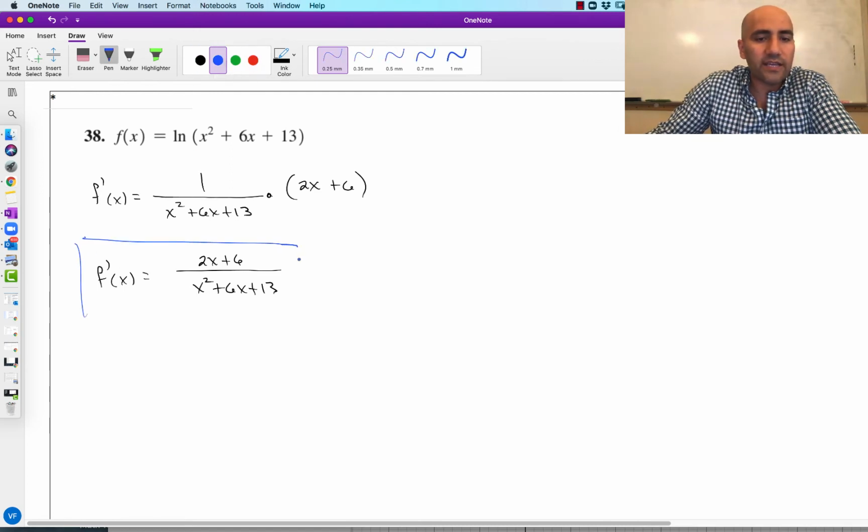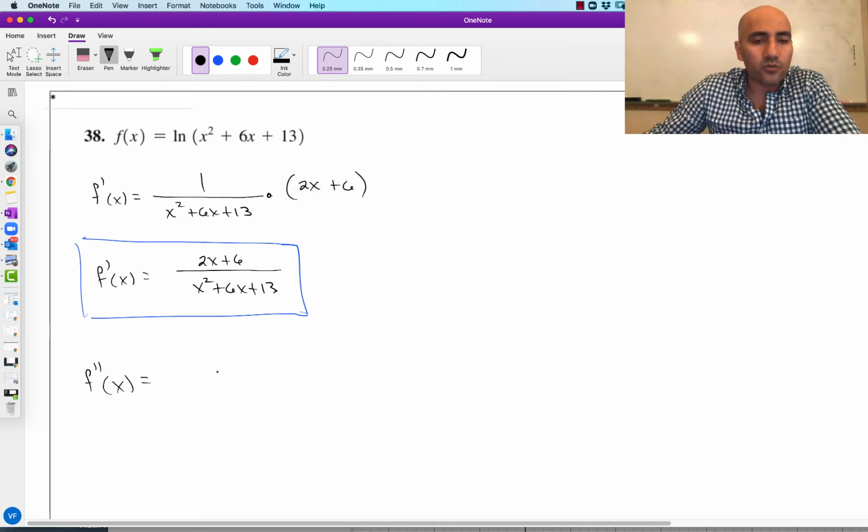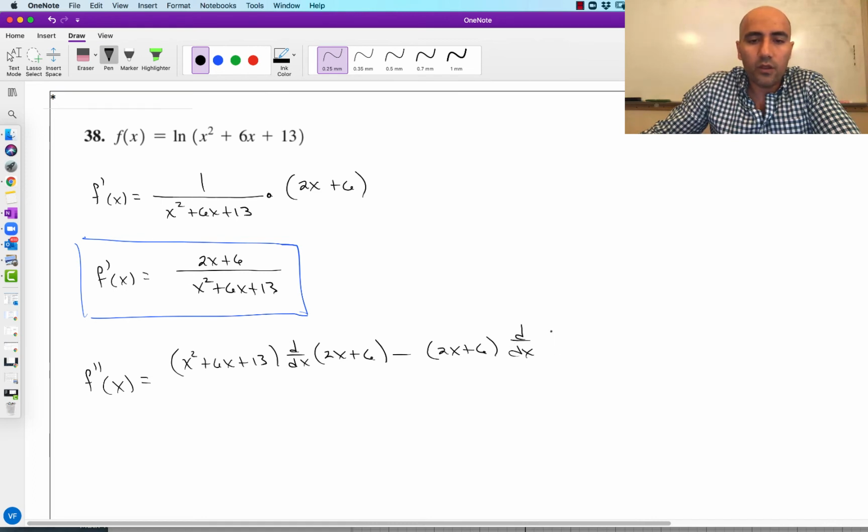Now we want to take our second derivative. And our second derivative is going to be the derivative of the first derivative. And for that, we know we want to use the quotient rule. So let's use our quotient rule. Remember, it's low d high. Always start with low. So x squared plus 6x plus 13 times the derivative of 2x plus 6, minus high, 2x plus 6, times the derivative of the low, x squared plus 6x plus 13.